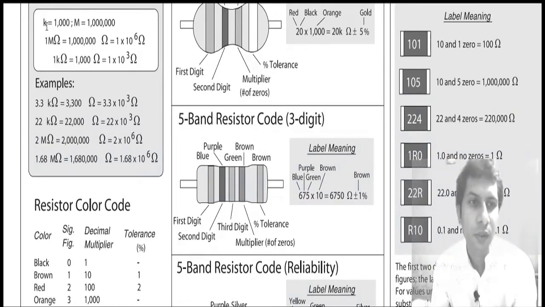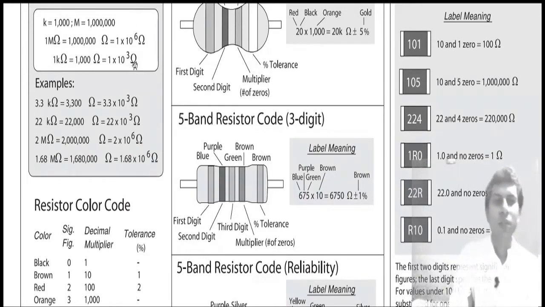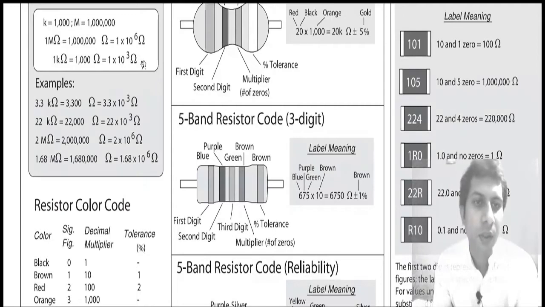If somewhere we have seen K, it means 10 raised to power 3, and M means 10 raised to power 6, or we can say mega. 1 mega ohm is equal to 1 and 6 zeros ahead, or we can write it as 10 raised to power 6 ohm. 1 kilo ohm can be written as 10 raised to power 3 ohm.